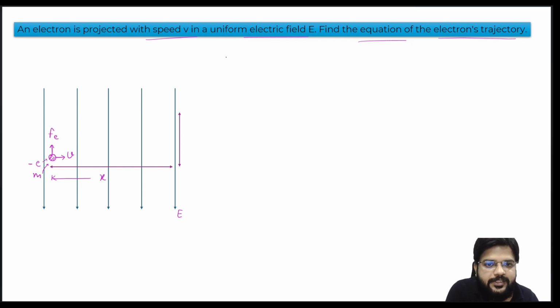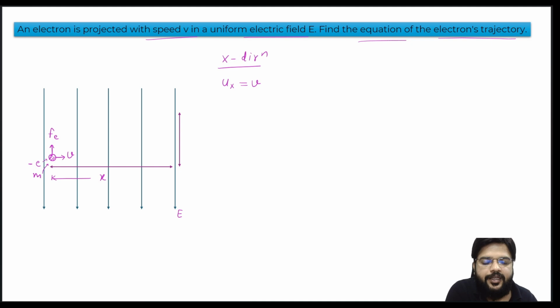So if we look at the displacement of this particle in the x direction, this particle is moving in the horizontal direction with constant speed. Let's suppose the initial velocity of this particle in the horizontal direction is v, correct?